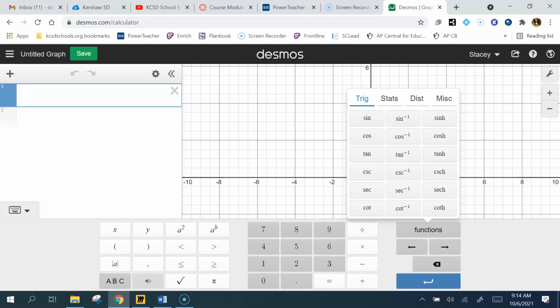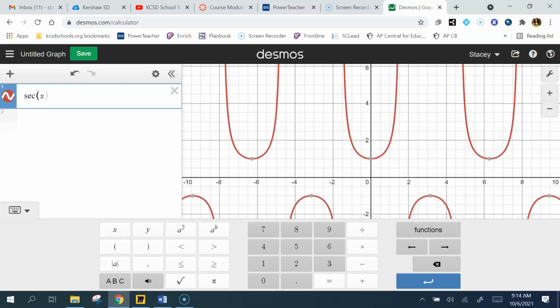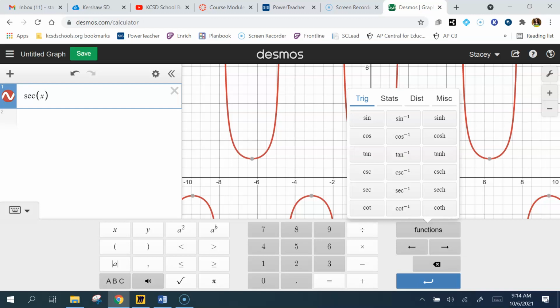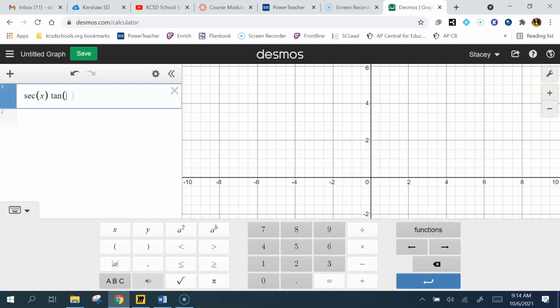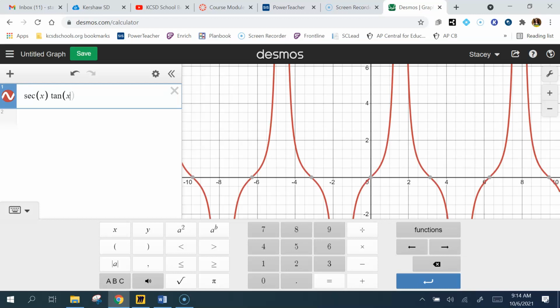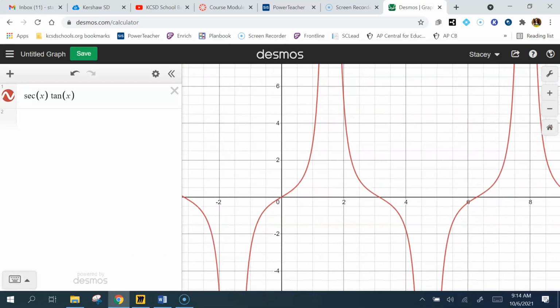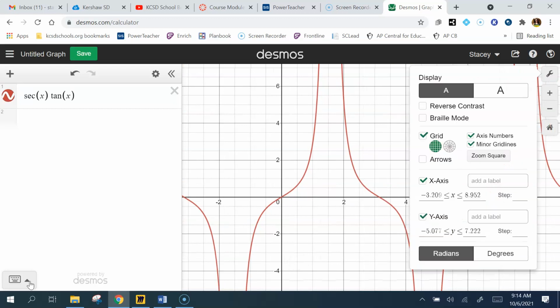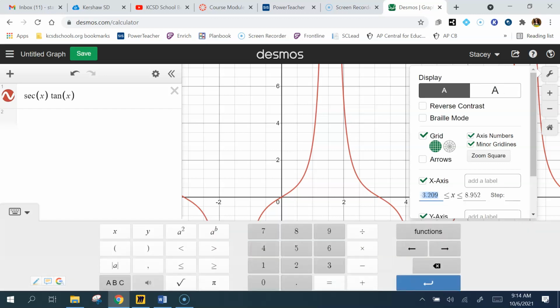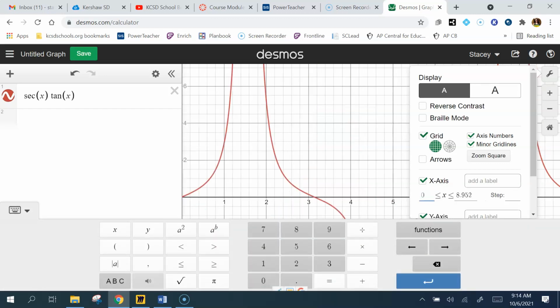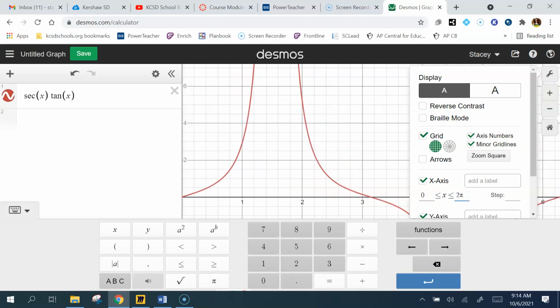So secant, you would have to put secant x in your calculator as 1 over cosine. I'm only going to go from 0 to 2 pi.